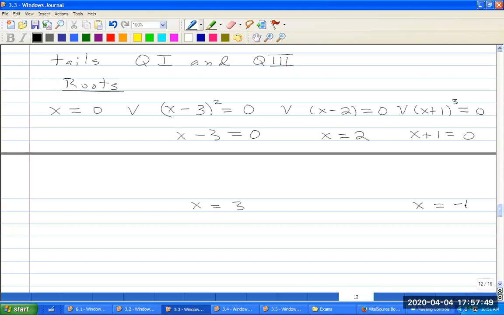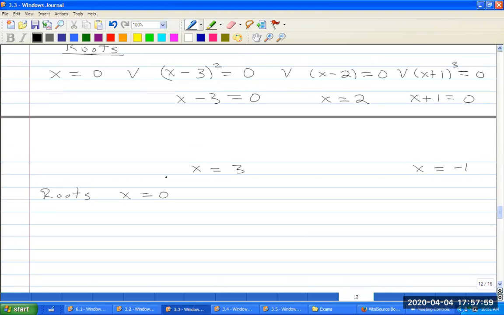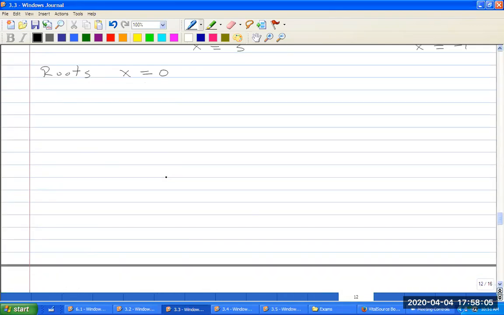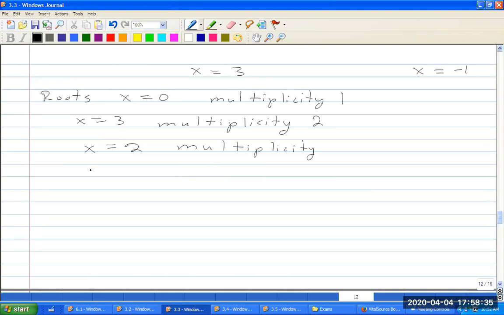And so my roots are x equals 0, and this has multiplicity 1, x equals 3 of multiplicity 2, x equals 2, this again is a simple root, so multiplicity 1, and x equals negative 1.